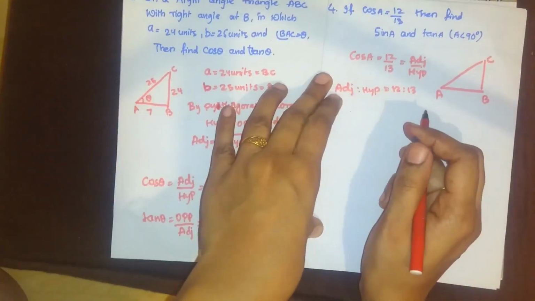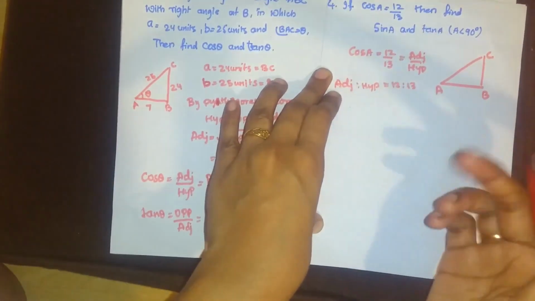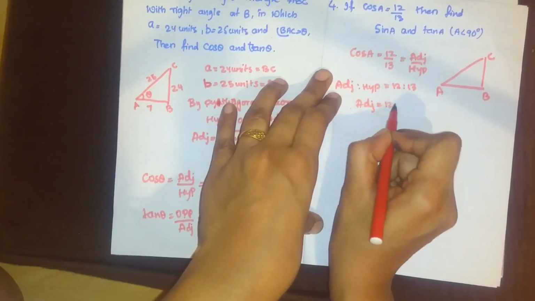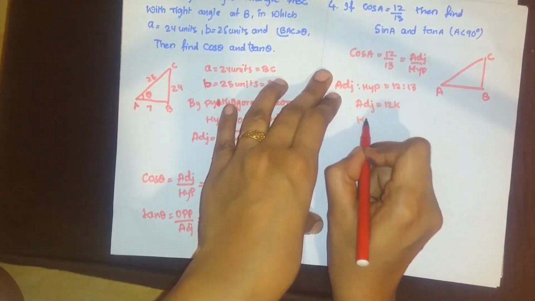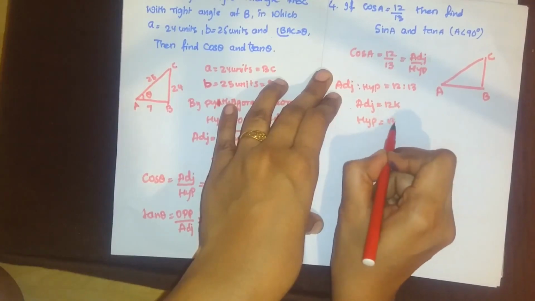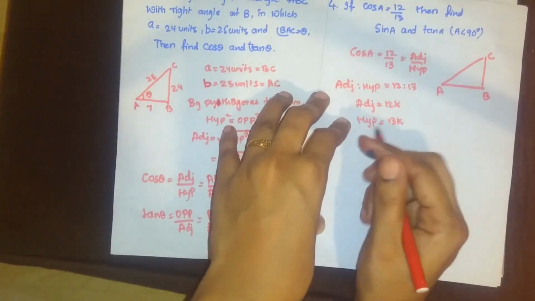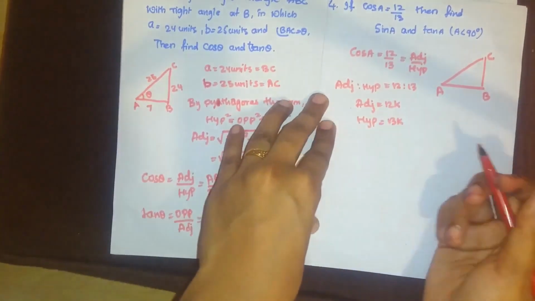Let's consider the common multiplicative constant as k. So we get adjacent as 12k and hypotenuse as 13k. We know the adjacent and hypotenuse lengths, whereas we require the length of the opposite side.